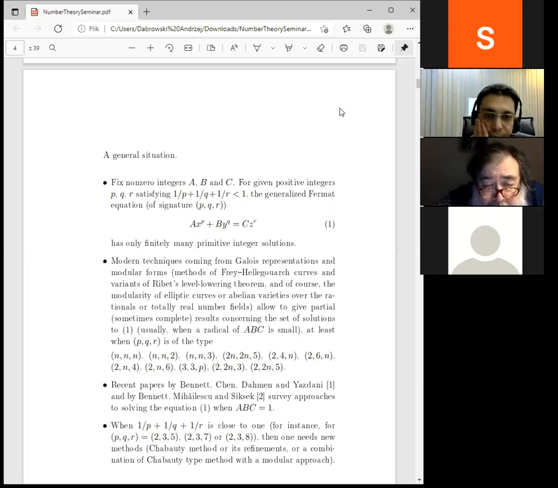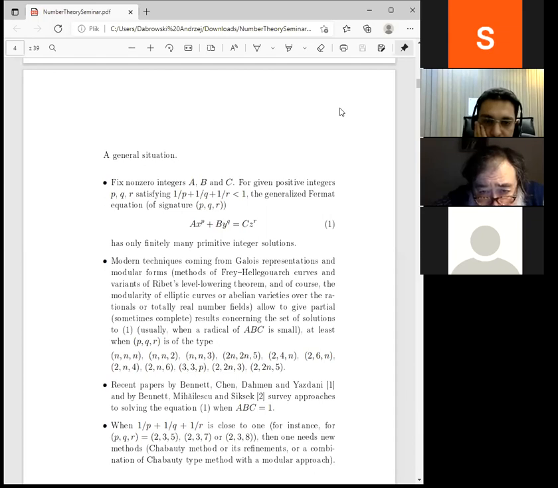But how to prove it? Modern techniques come from Galois representations, modular forms, Frey-Hellegouarch curves, or some Frey-type abelian varieties, variants of Ribet's level lowering theorem, and of course modularity of elliptic curves or abelian varieties over the rationals or other number fields.